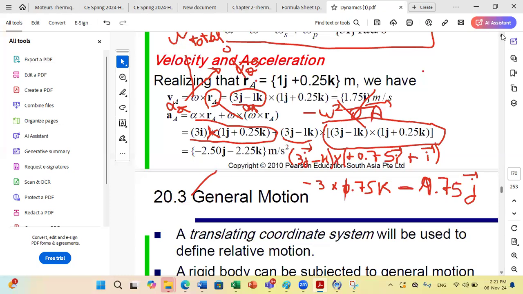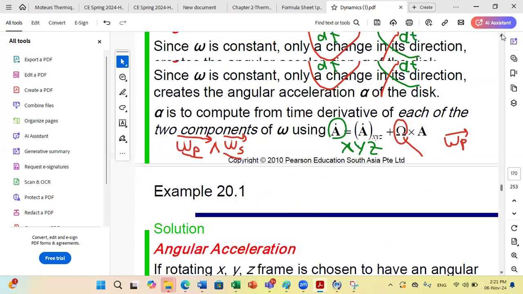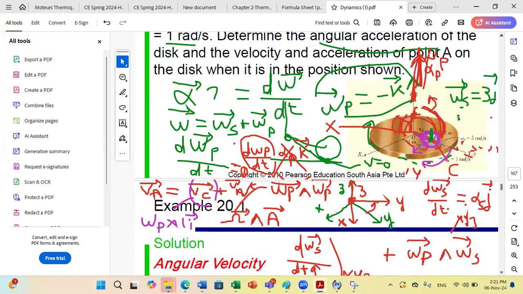You can say I want to divide the velocity due to rotation about Z and due to rotation about Y. If you stand at the center of the disk, what is the center of the disk doing? It's rotating about Z. Whereas what is A relative to C doing? It is doing rotation about it. Okay.